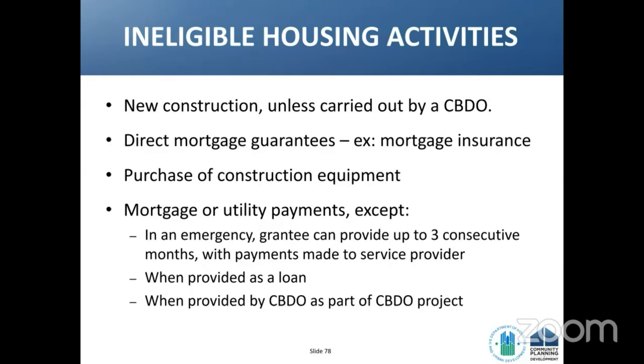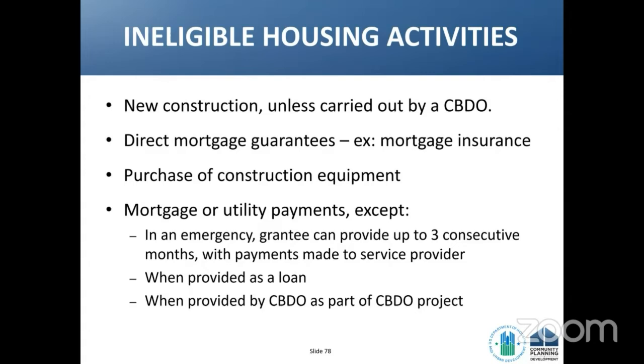Now, we talked about emergency grant payments, and that's what this is here. My colleague will touch on this in more detail during the afternoon sessions as public service, because that's what mortgage or utility payments, as stated here, it's considered emergency grant assistance.